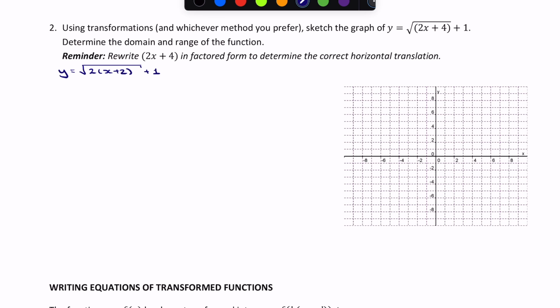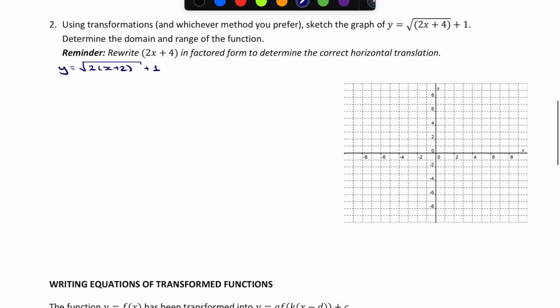And so here, again, let's state our transformations. So here we have a horizontal stretch by a factor of 1 over 2. Remember, it's 1 over k.